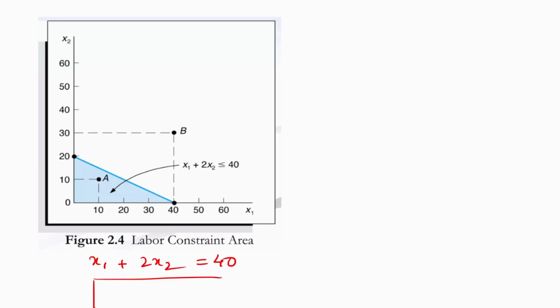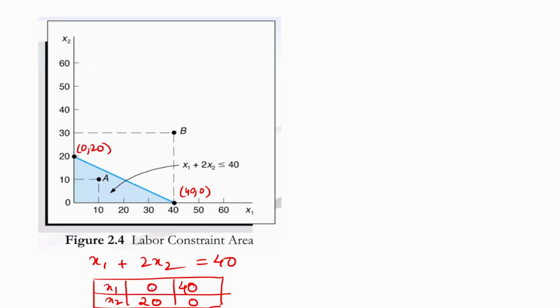Because it's a line, we can calculate 2 points through which we can draw it. When x1 is 0, x2 comes out to be 20, and when x2 is 0, x1 comes out to be 40. Using these 2 points, here we can see this is (40, 0) and this is (0, 20).